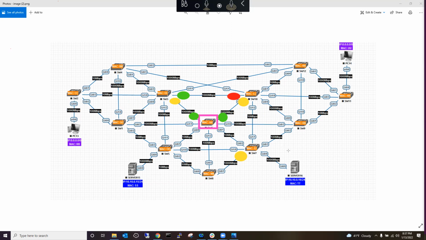Why? The way I did it is probably not the right way, but I was just looking at it like a triangle. Traffic is going towards the bridge ID through switch 8 up to the root bridge. So that port right there has to be blocking, because if you don't block that, it's going to be a loop.